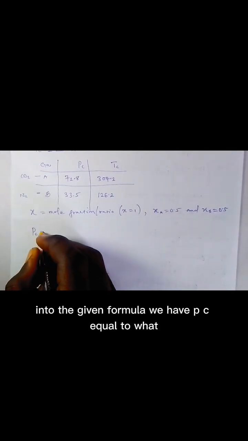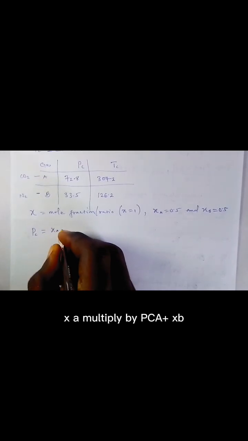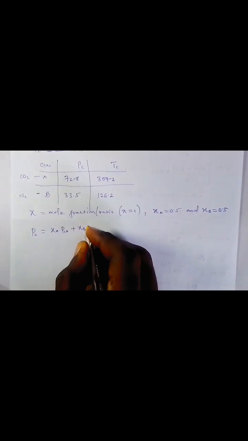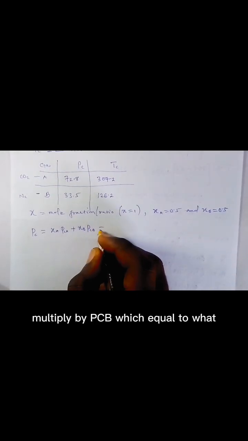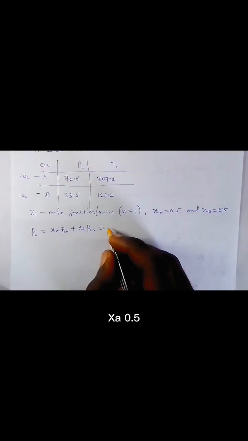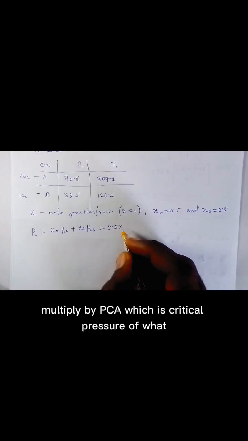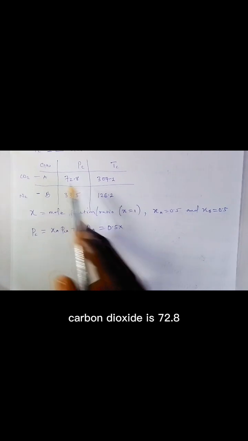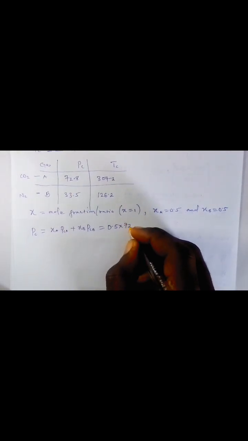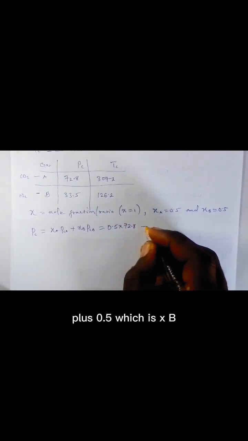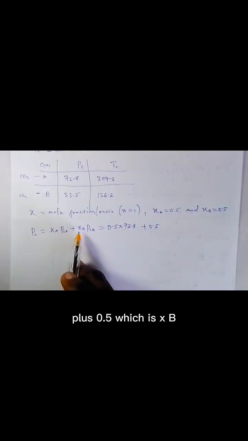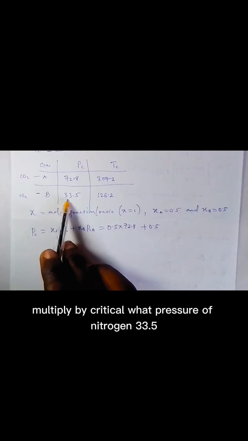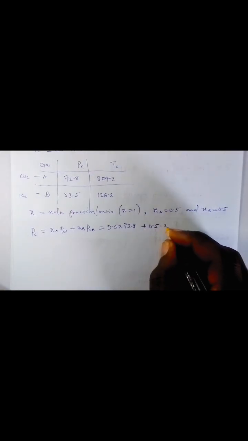We have PC equal to XA multiply PCA plus XB multiply PCB, which is equal to XA 0.5 multiplied by PCA, which is critical pressure of carbon dioxide 72.8, plus 0.5, which is XB, multiplied by critical pressure of nitrogen 33.5.